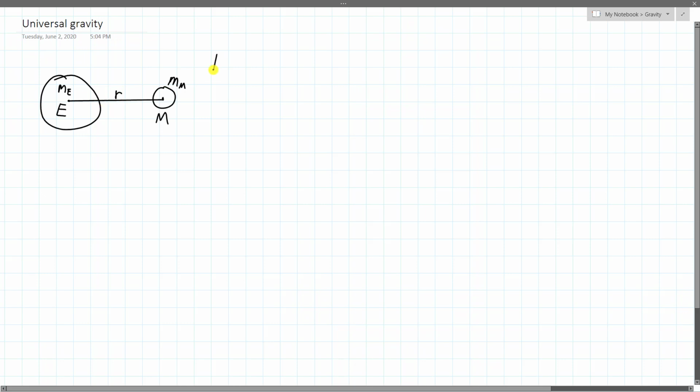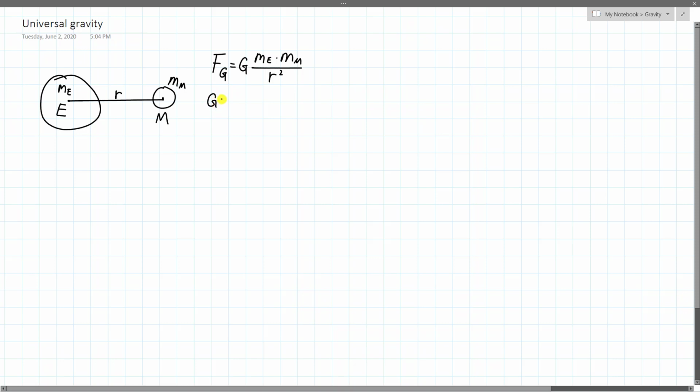So the force of universal gravity or universal gravitation is proportional to the mass times the other mass, and then divided by their distance squared, but not without this factor, capital G. The capital G is the gravitational constant.